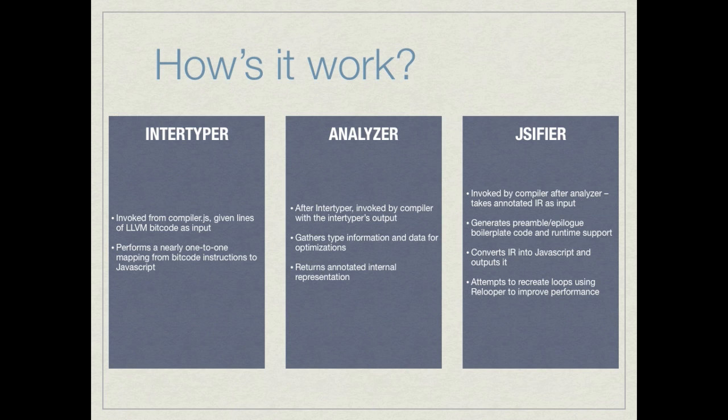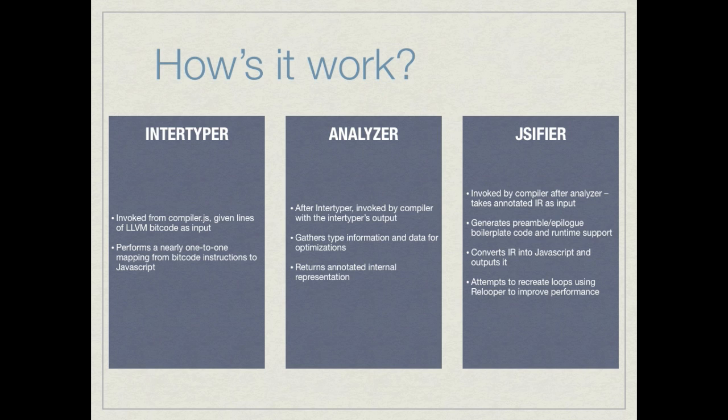Just like in traditional compilers, Emscripten has a great deal of importance placed on optimizations. Without them, performance would not be nearly what would be expected, and since JavaScript is already slower than the traditional C or C++ that most code being compiled to Emscripten was targeted at, performance is a critical issue. The analyzer's job is to gather as much type information and other metadata as it can to be used for optimizations.